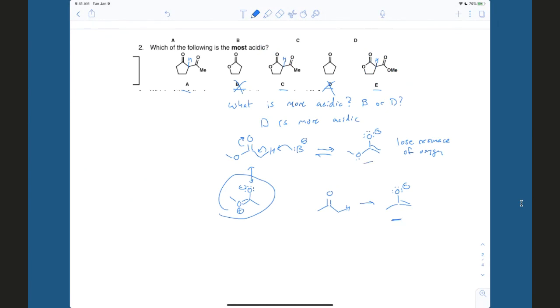In this case, we also have this oxygen that's sort of like an electron donating group into this double bond. So this further increases the nucleophilicity and the energy of that pi system. So this becomes a very electron-rich double bond, where this one is a less electron-rich double bond.